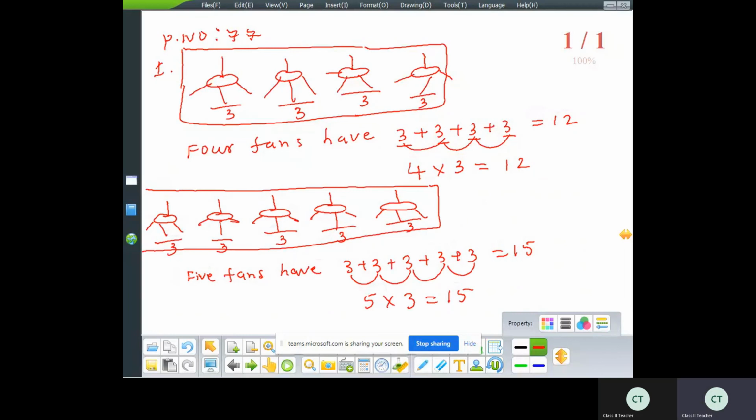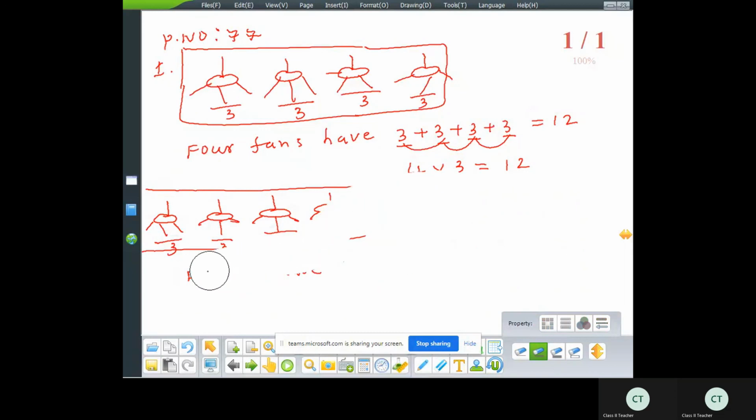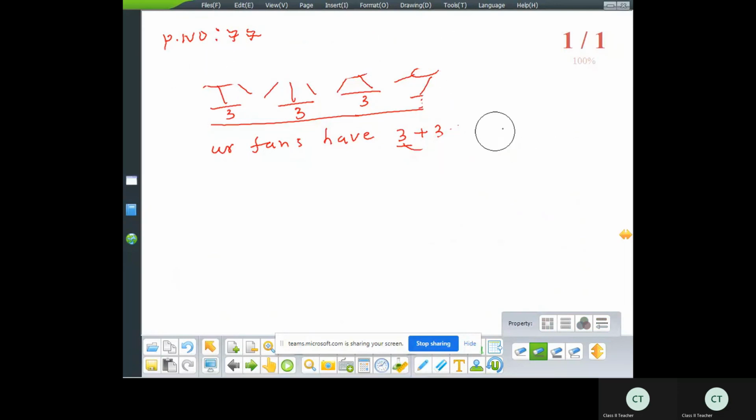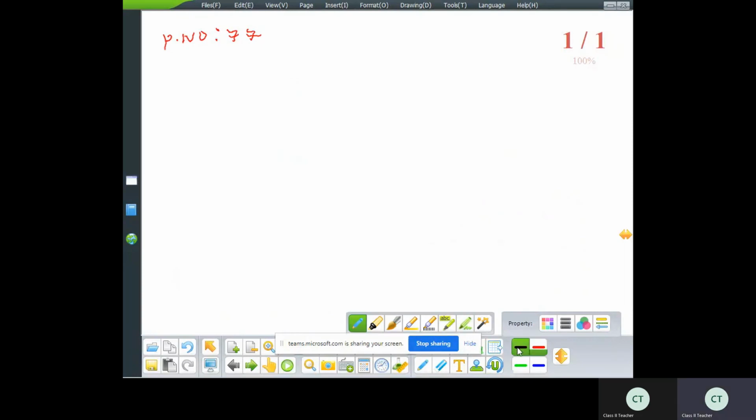Now we write product from this table. From this problem, we write a table.